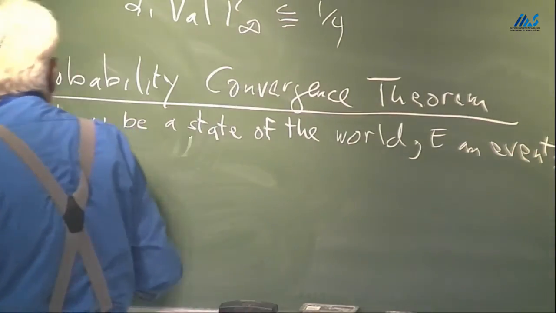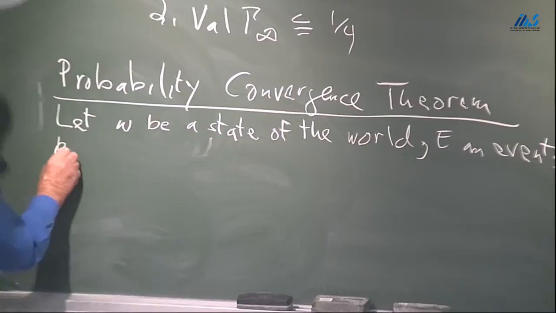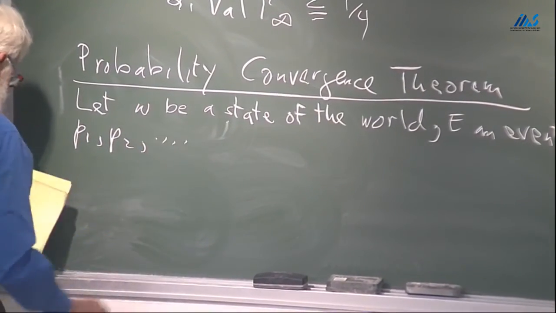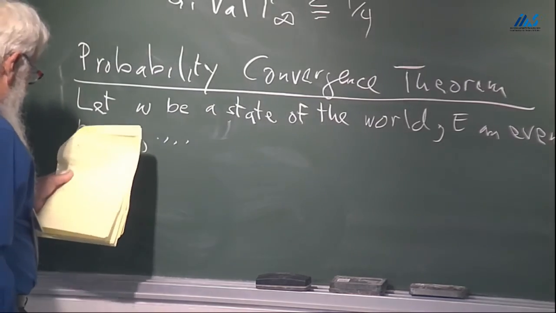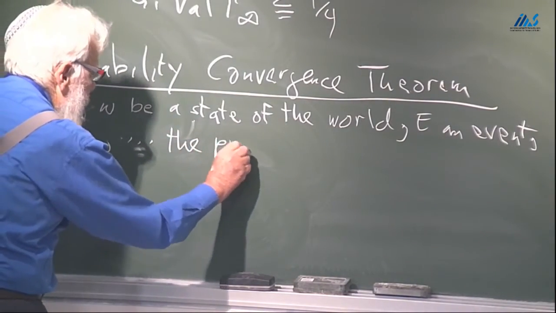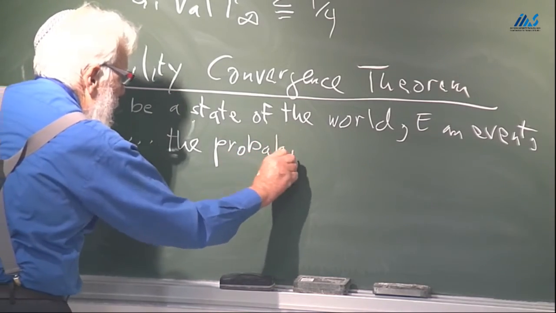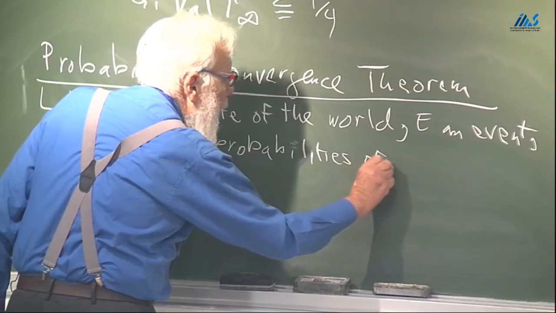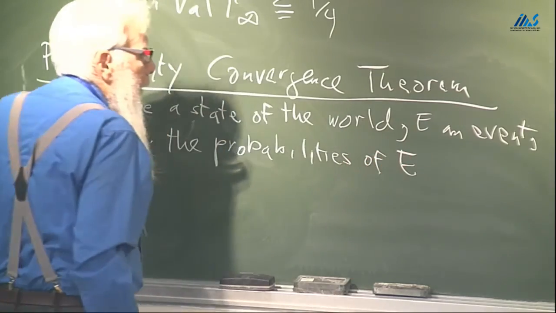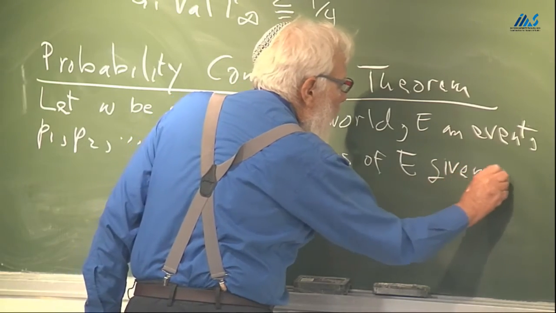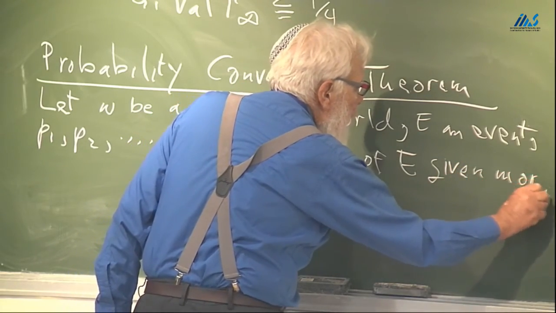E, an event. P1, P2, and so on. An infinite sequence of the probabilities of the event E, given more and more information.